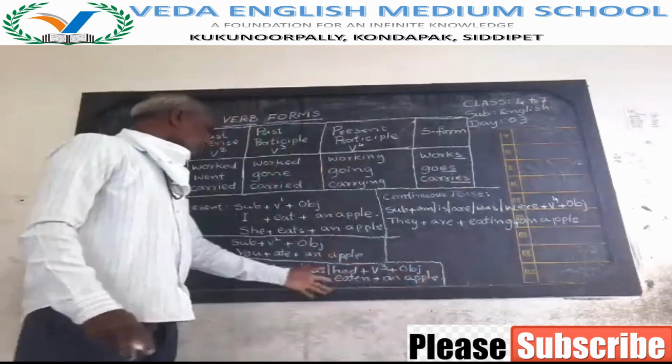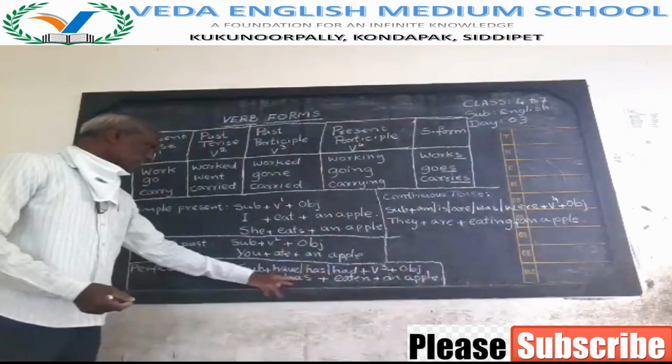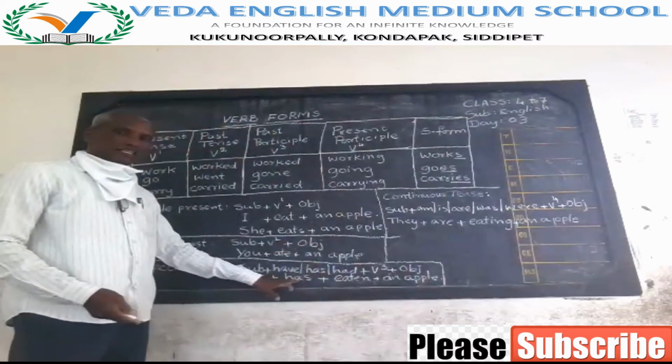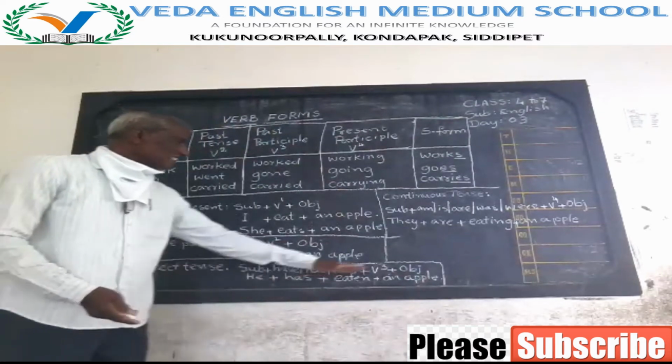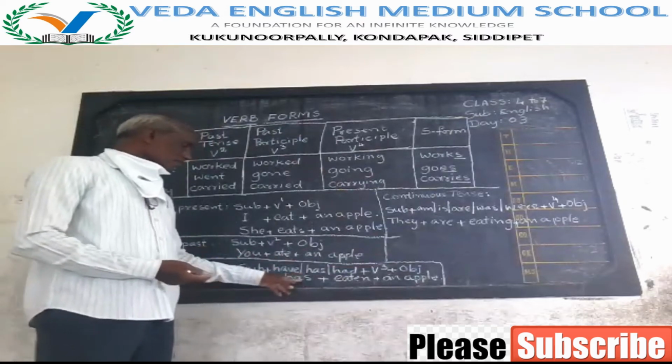So in all the perfect tenses we use V3. Here we are giving an example for only present perfect tense. He has eaten an apple. That is present perfect tense.